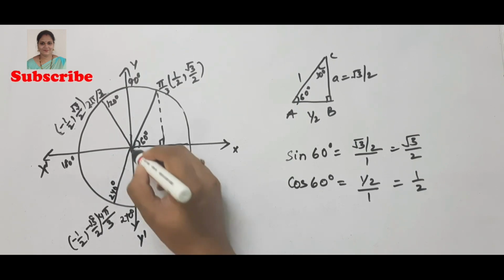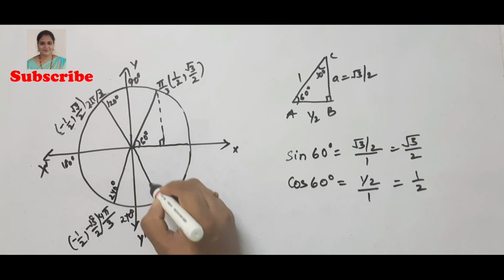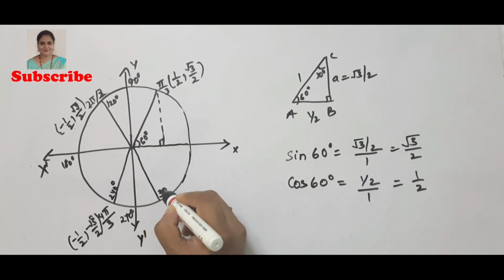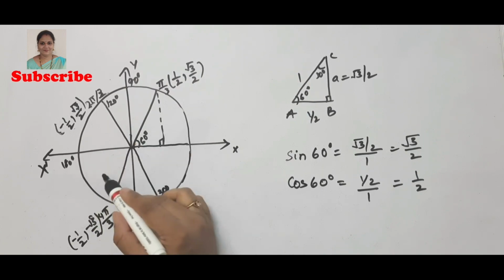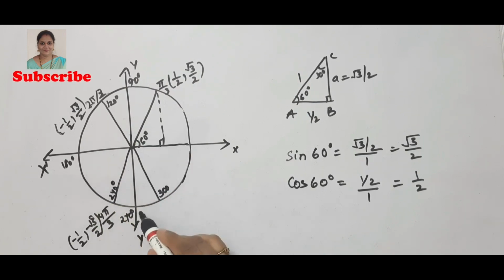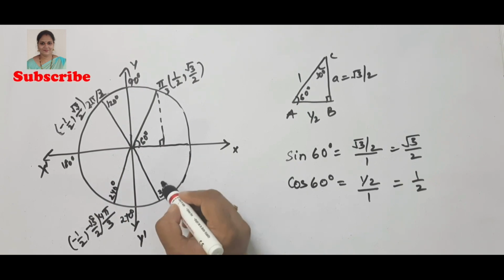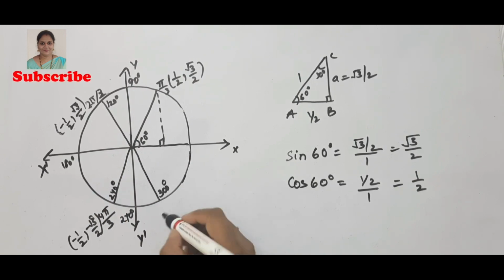Similarly, if you calculate at 300 degrees, that is 360 minus 60 degrees, which in radians we can write as 5 pi by 3.